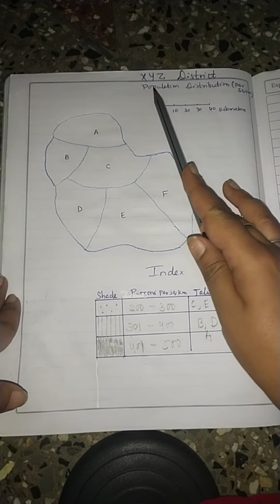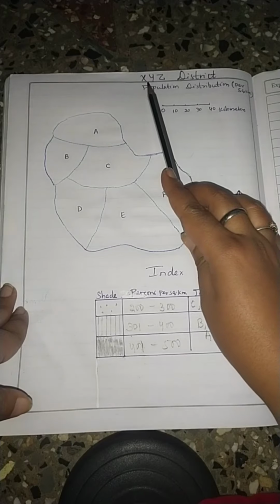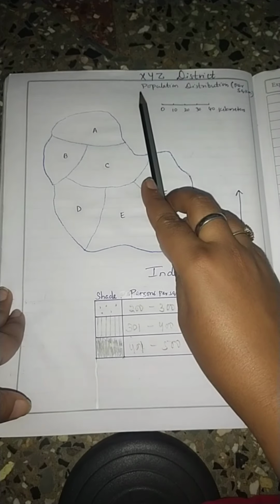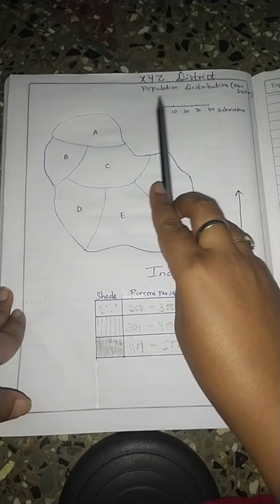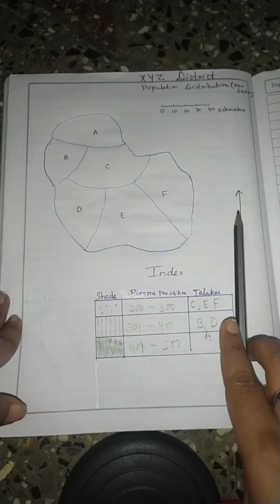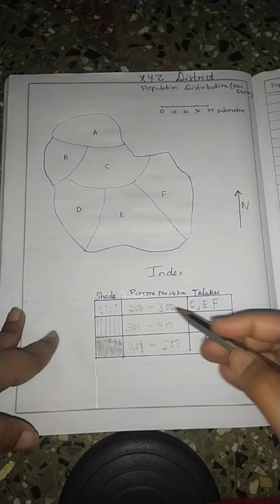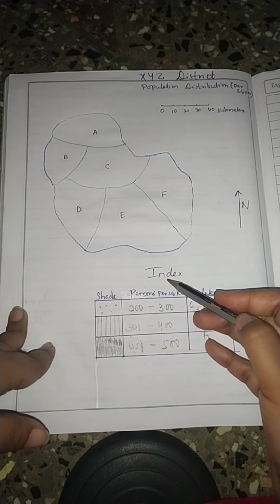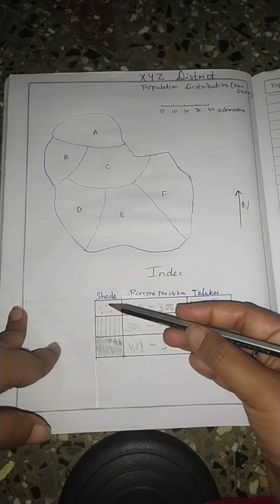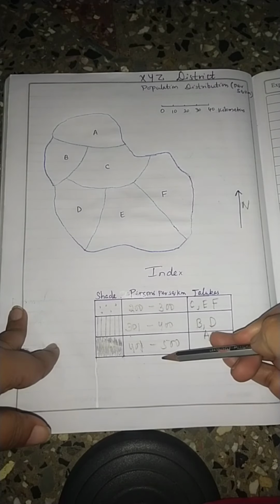Before preparing the map, I have written the title, XYZ district, and the subtitle, population distribution. There is a scale and a direction; when you make the direction, mention north and south. And you can see that I have an index.